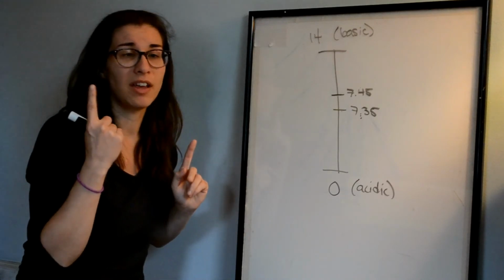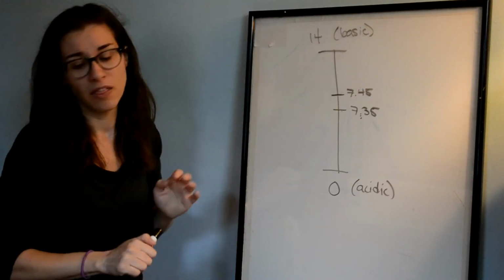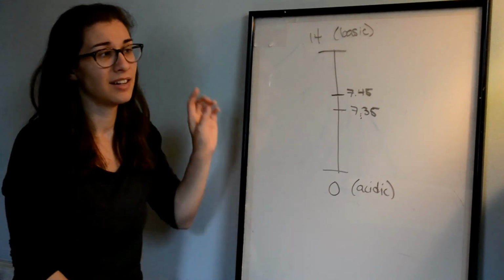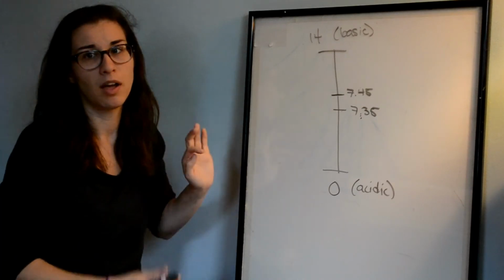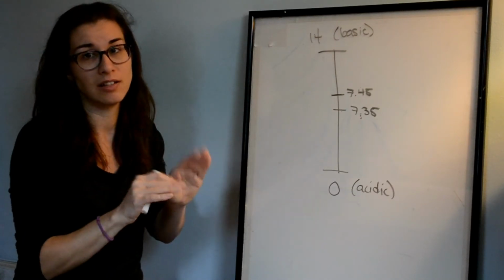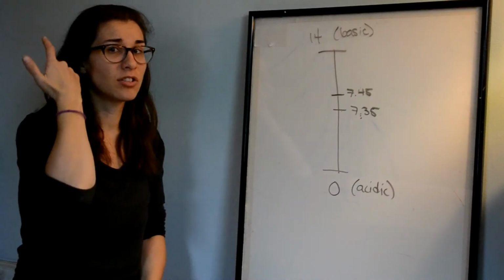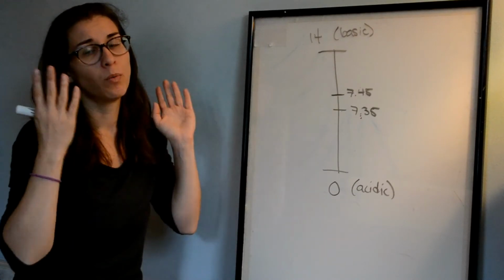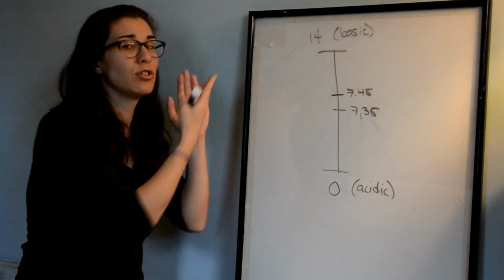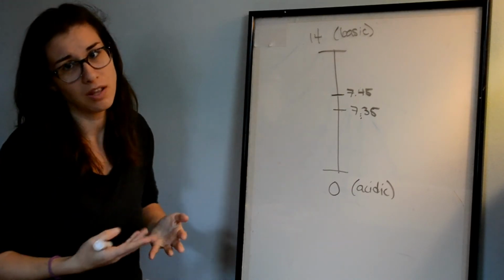And what's very interesting is there are receptors that essentially test the blood to see what the pH is in the blood. And it sends signals to the brain that say, oh, we're too acidic, we need to adjust our breathing, or oh, we are too basic, we need to adjust our breathing.